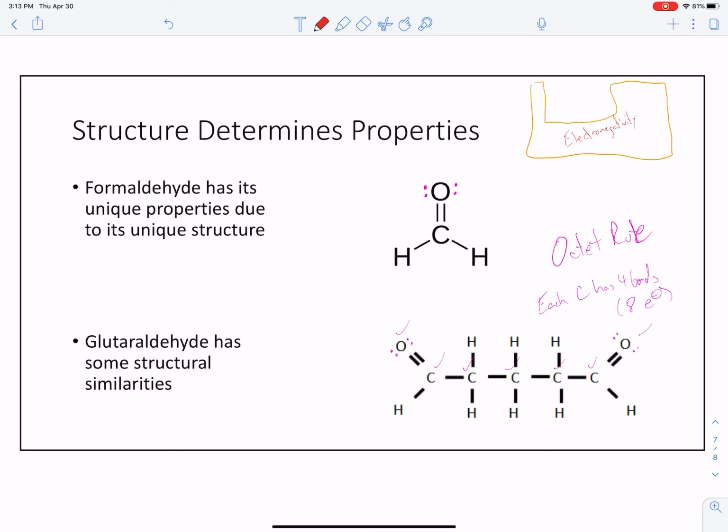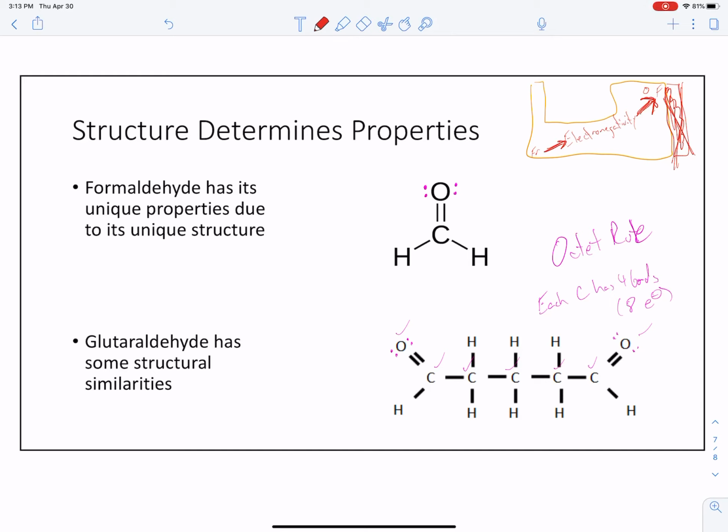Electronegativity, with the exception of the noble gases, which I'm going to say don't care about those in terms of electronegativity, okay? So fluorine's right here, francium's here. Electronegativity increases as you go from bottom left to top right. So oxygen's up here by fluorine.